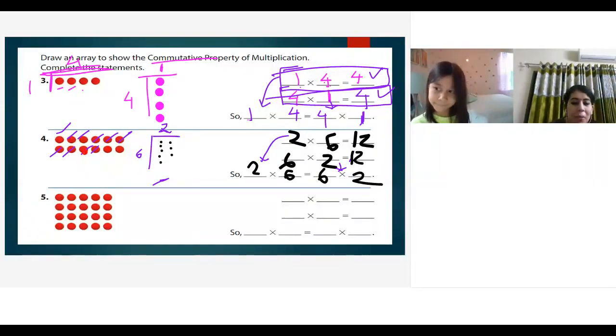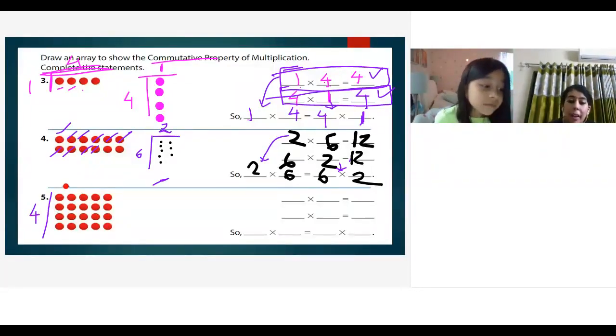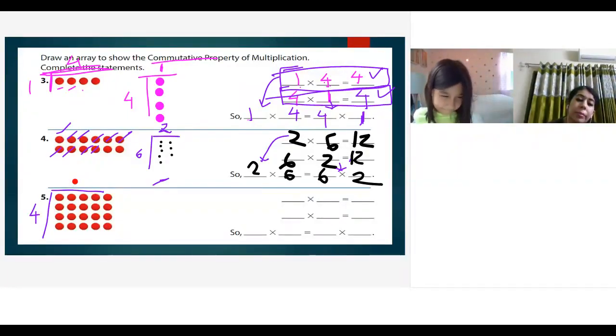Yeah. Wow, very nice. Now see how many counters are there? Count how many rows are there? 4. And how many columns are there? 5. Write down 4 times 5.